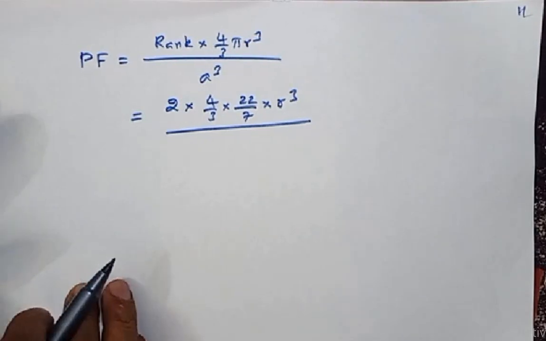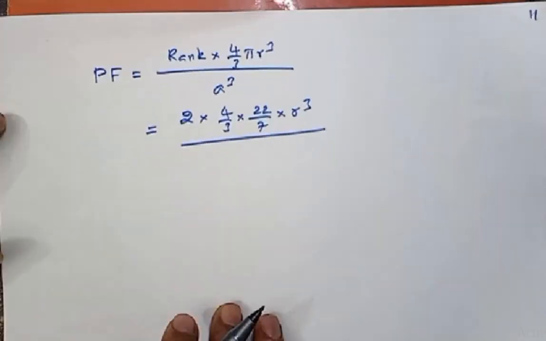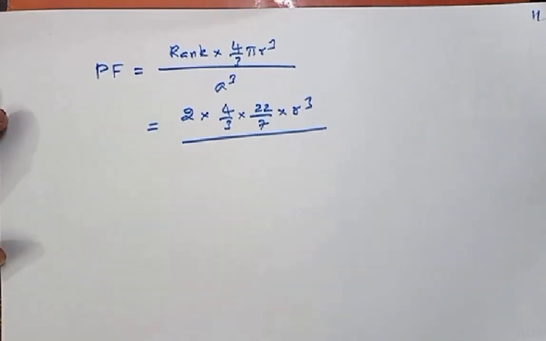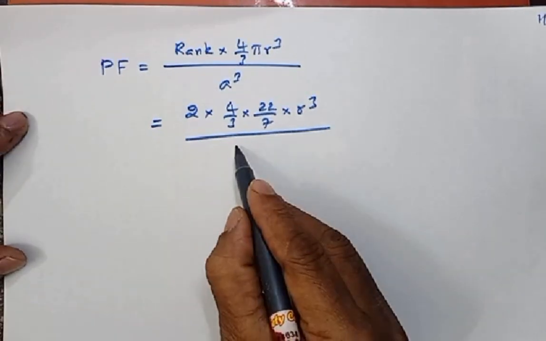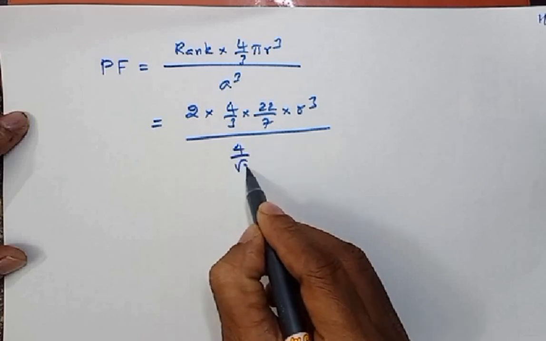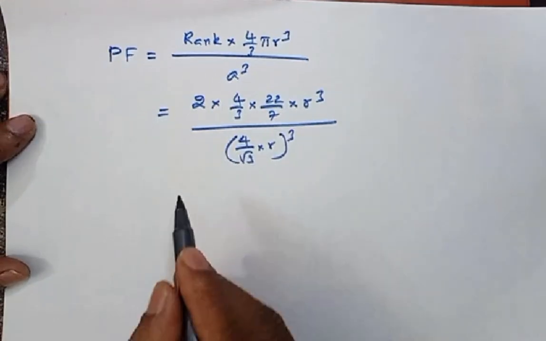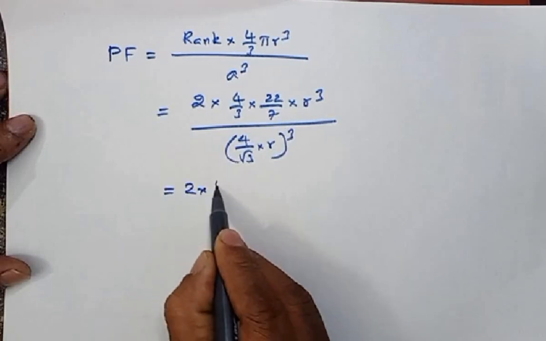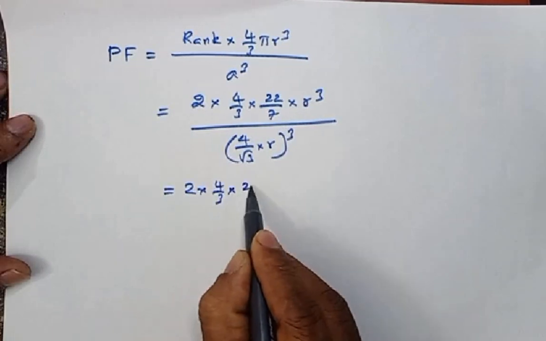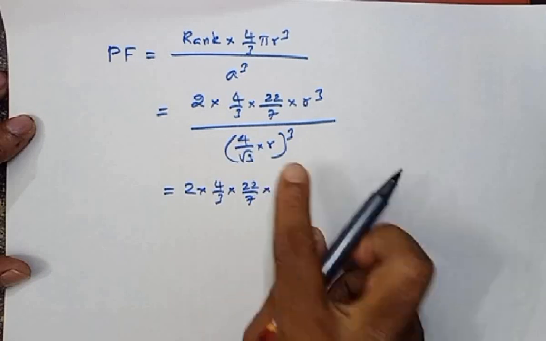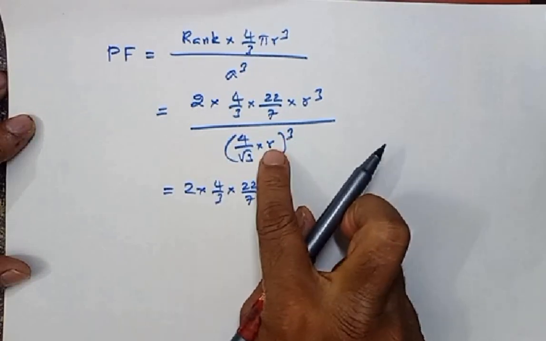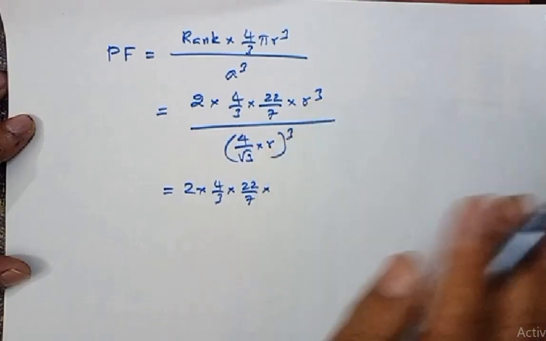Just now we wrote a is equal to 4 by root 3 into r, so a cube is 4 by root 3 into r whole cube. So this is equal to 2 into 4 by 3 into 22 by 7 into r cube, and here r cube cancels.